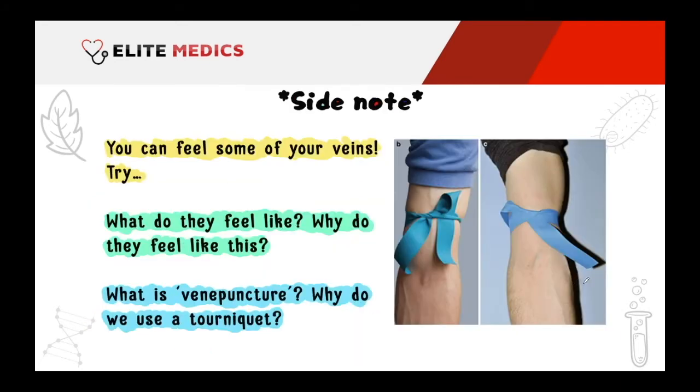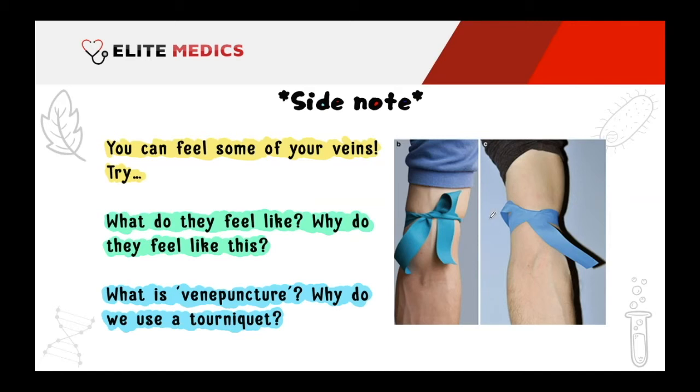So this is just on a side note. You may have had a blood test done before, and you should know what that involves. That usually involves tying a large rubber band round your arm, just above your elbow, so we can see the veins more clearly.